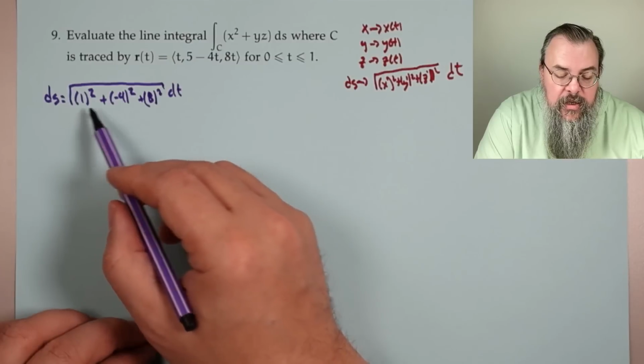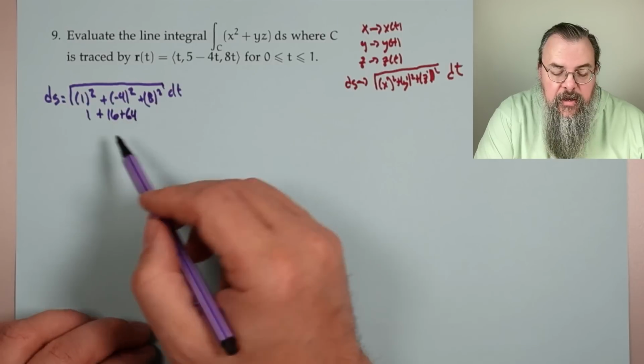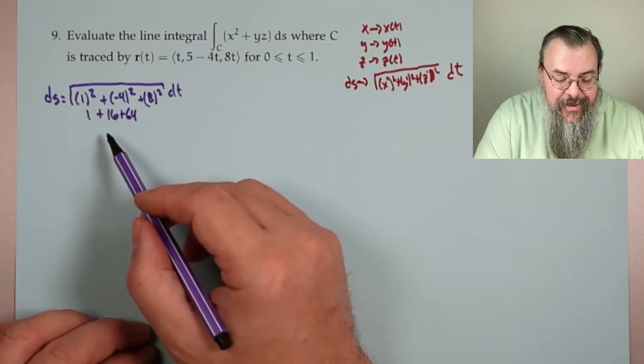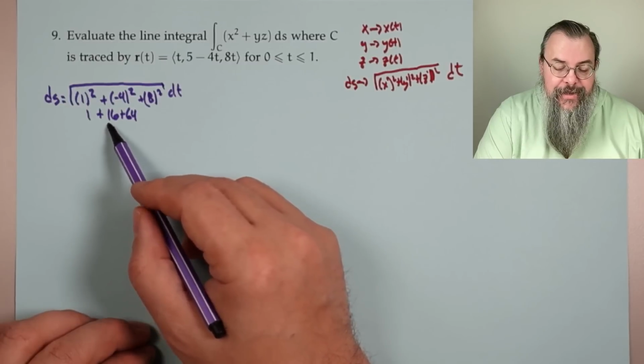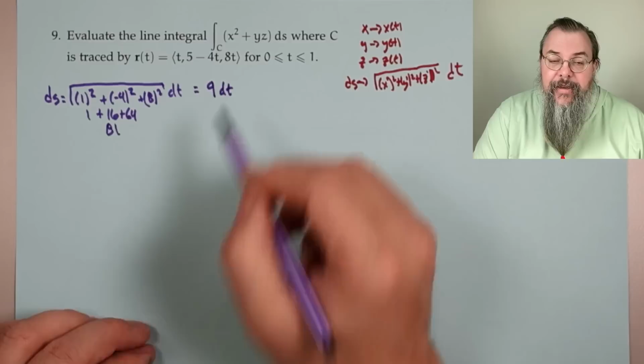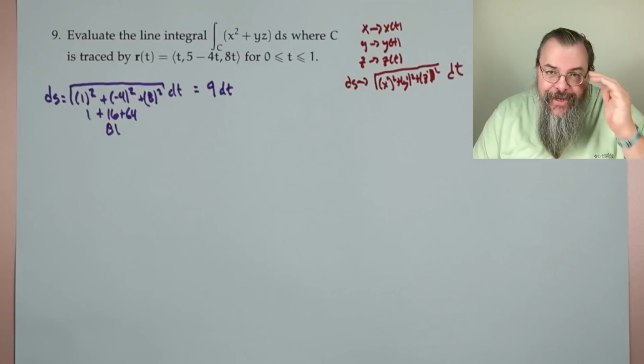Now that's 1 plus 16 plus 64, which, let's see, 64 plus 16, that's 81. Oh, 81. Nice, because that's 9 dt.